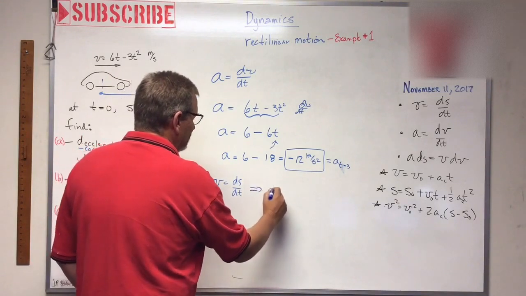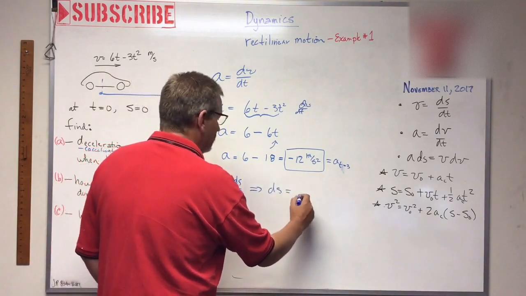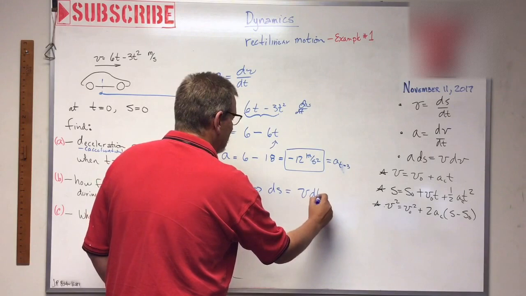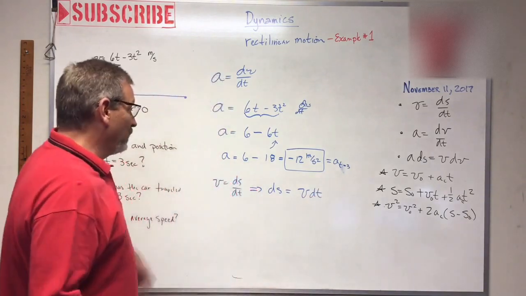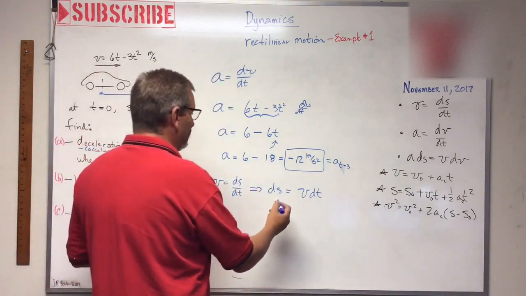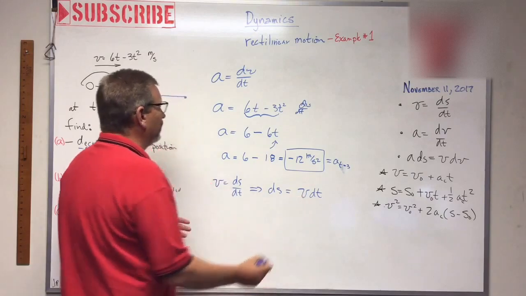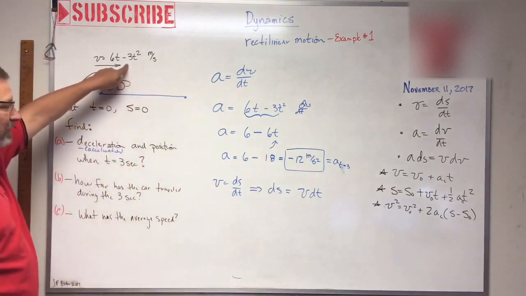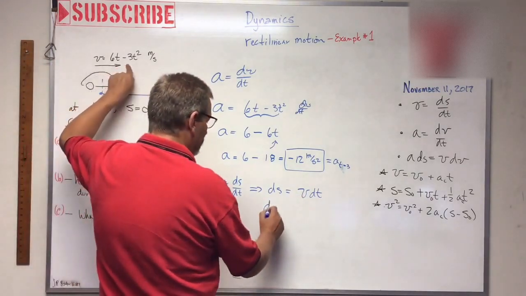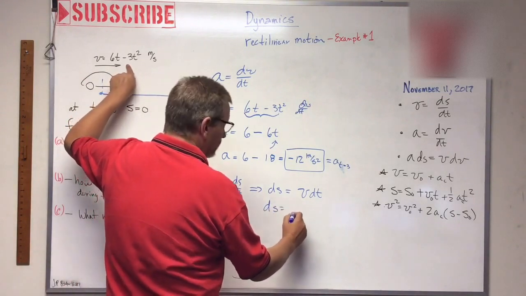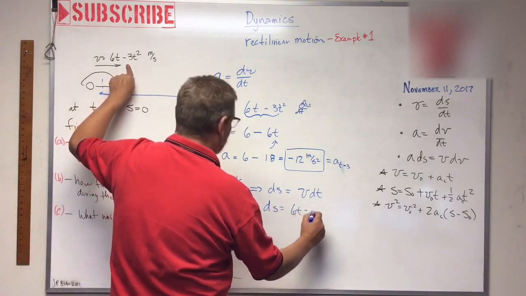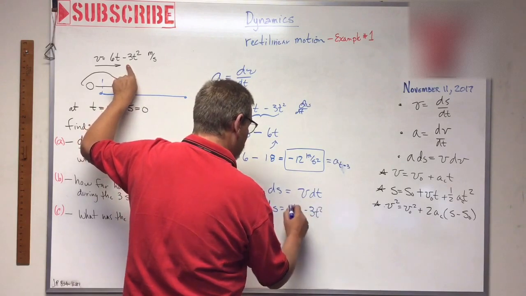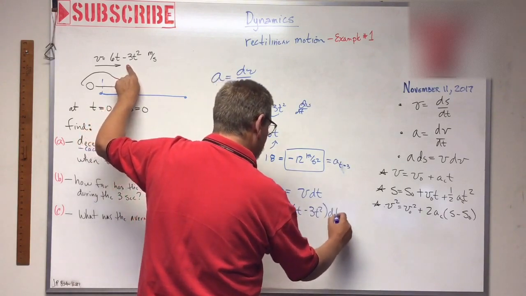Let's say that ds is equal to v dt. And we know what v is, don't we? v is equal to that, right? So ds is equal to 6t minus 3t squared dt.